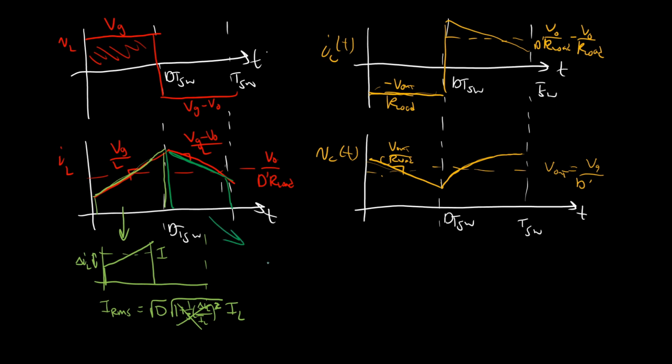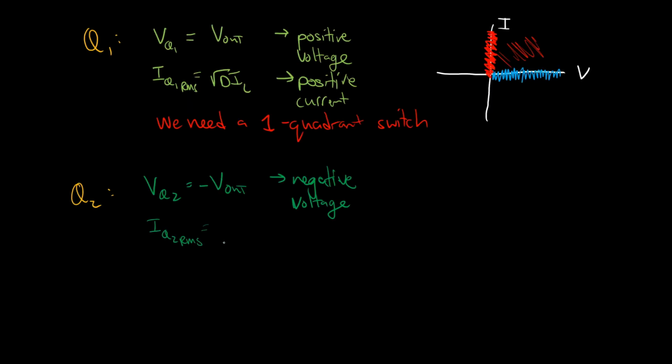By similarity, we can say that the IRMS for this part is equal to root D prime, because it's the same thing, just flipped around, and this is D prime TS. So the RMS that it conducts is root D prime times IL. This is the RMS current of IQ2, and this is a positive current.